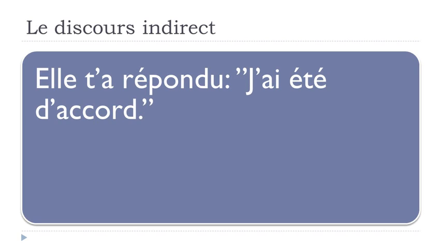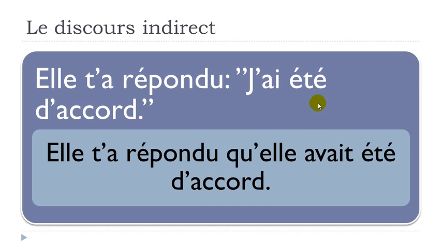Elle t'a répondu, j'ai été d'accord. This j'ai été is the passé composé, and that's the thing we'll have to modify and put at the plus que parfait, like here, elle avait été. So we get, elle t'a répondu qu'elle avait été d'accord.